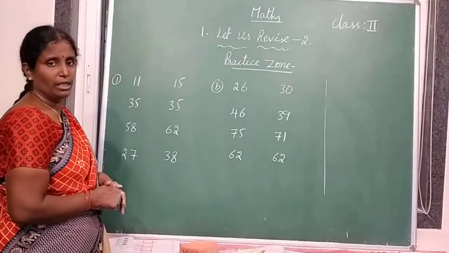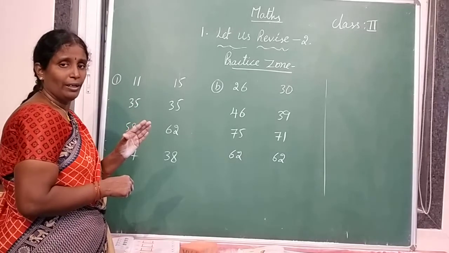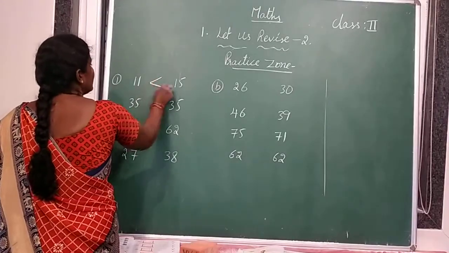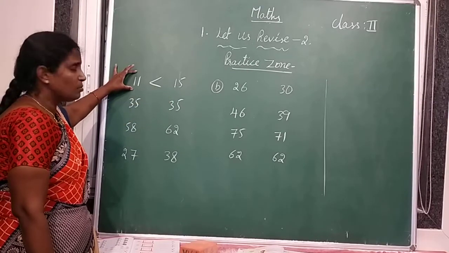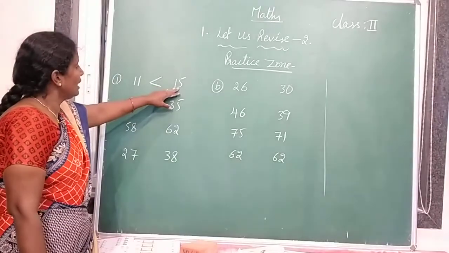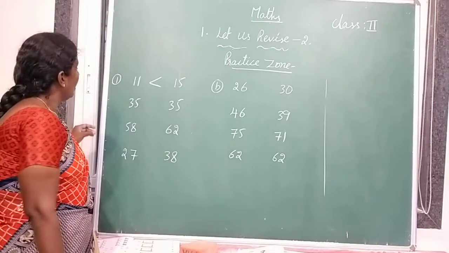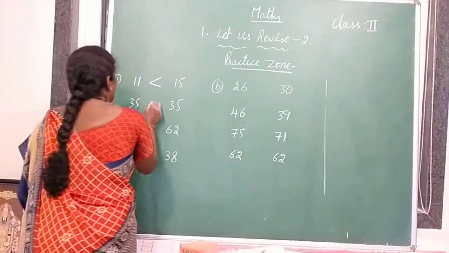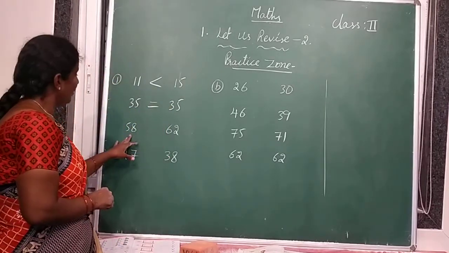Yes, 15 is bigger, so we open towards the bigger side. Look at the board. 11 is smaller, and 15 is greater, so that side opens its mouth. Next, 35 and 35, both are the same, so equal. 58 and 62.